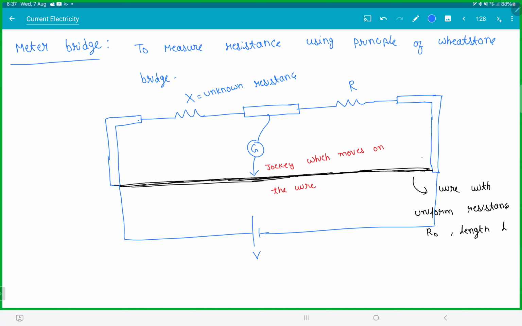The idea here is we'll keep moving the jockey. Initially you put it at something random, the needle will deflect in one direction. Then you keep moving it till you get zero deflection. The experiment is pretty straightforward. We keep moving the jockey till the current in the galvanometer is zero.